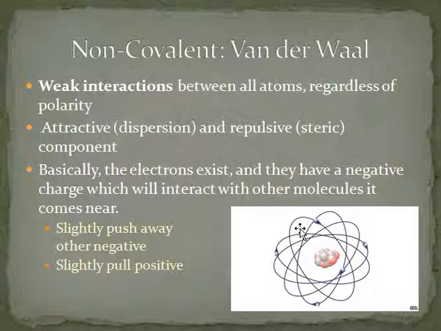So just from moment to moment, as the electrons happen to move around and happen to come across other molecules that do the same thing, it just gives a little bit of a push or a little bit of a pull, depending on which side of the molecule the electrons happen to be on at that exact moment. So you get a slight push away if you get two negatives that just happen to come across each other, or a slight pull if you have the negative charge on this side of the molecule come near the positive on another side of a different molecule.